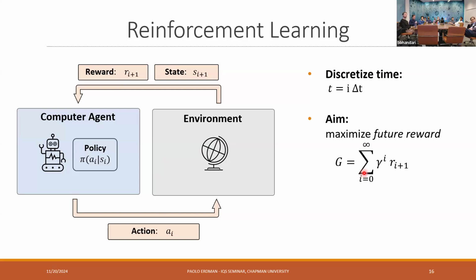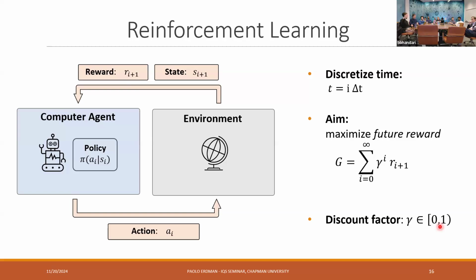If you imagine, I don't know, that this is a chess game, the action would be how you move the chess pieces, the state would be the position on the chessboard, and the reward could be, for example, 0 if you don't win, 1 if you win, or -1 if you lose. Typically here one has the sum of the future rewards weighed by this factor gamma to the power i, where gamma is just a number that determines the time scale of our optimization.